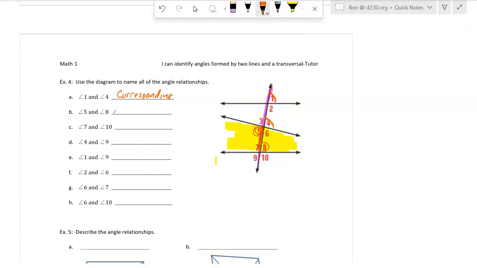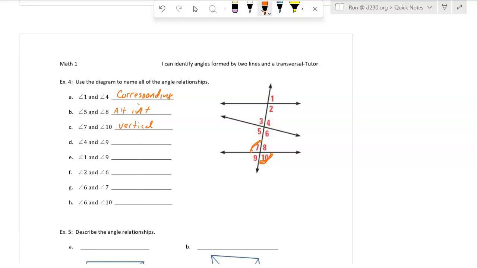So we would say that those are alternate interior angles. 7 and 10, if you look, they don't have a relationship. They're basically just vertical angles. That's something you learned earlier this year.